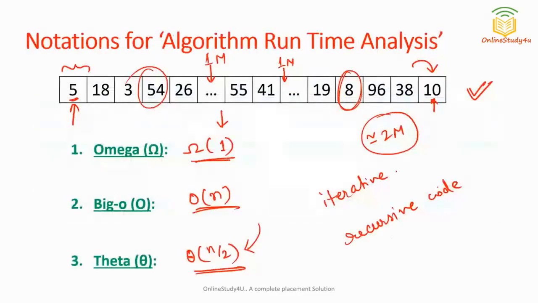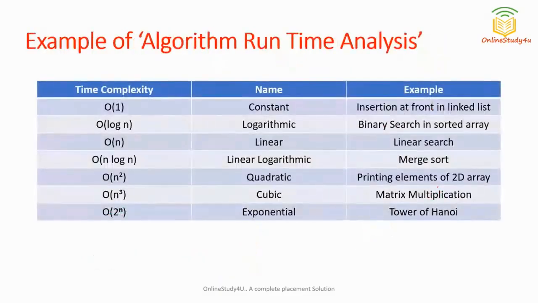Okay, before that, let us understand how many types of complexities are there. We are talking in terms of big O notation. So here are some examples of algorithm runtime analysis. First we have order of one, which is for constant statements. Suppose it is like an array, and you want to insert something at the end of the array.